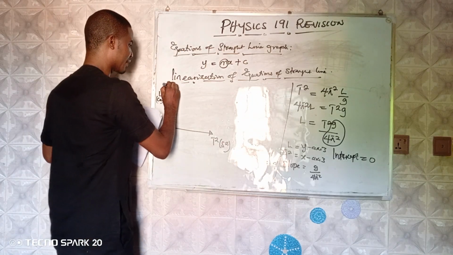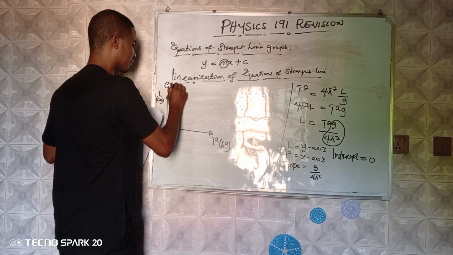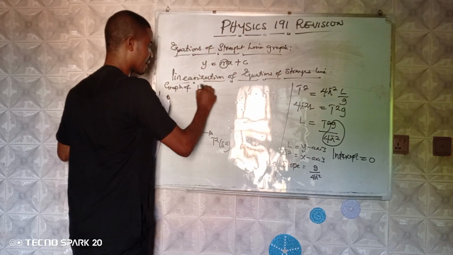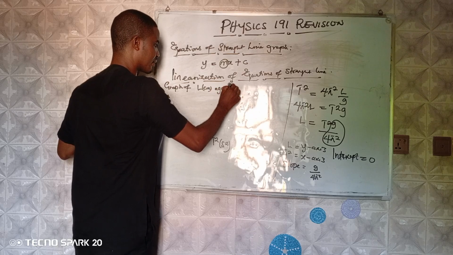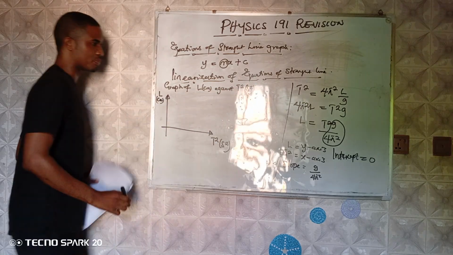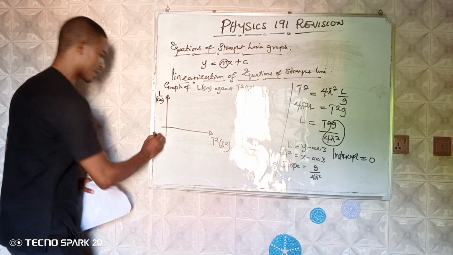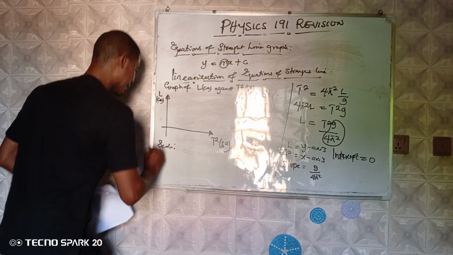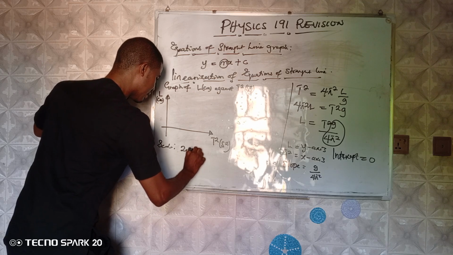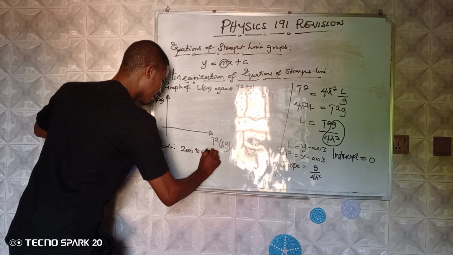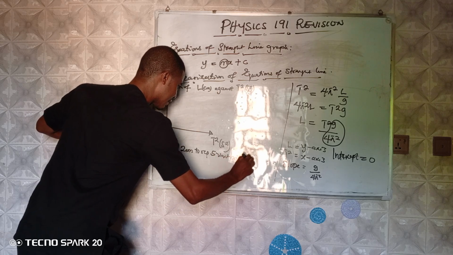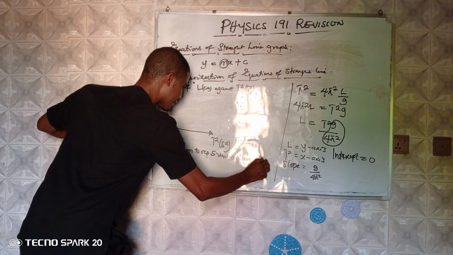I should have my title: graph of L in centimeter against T squared in second squared. Are you seeing the way I put my title or my heading? Then I should have my scale. Let me say I'm using 2 centimeter to represent 5 units on the L centimeter axis.